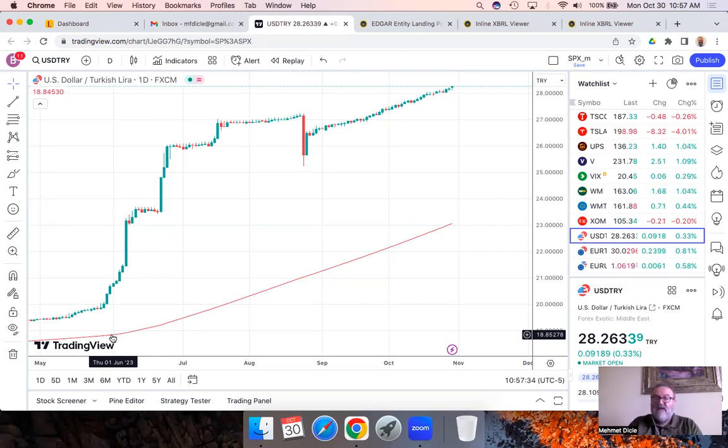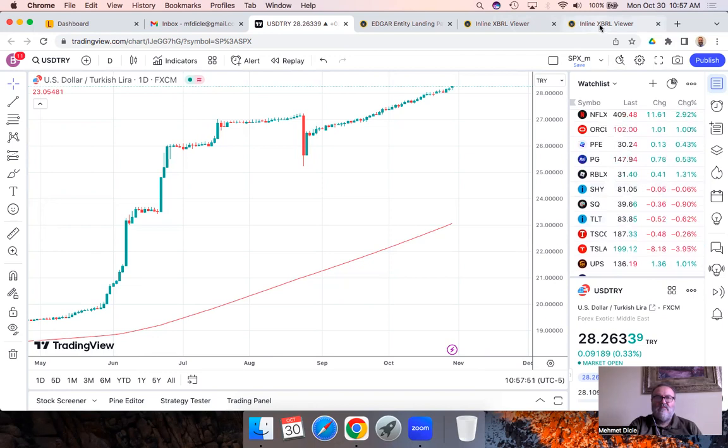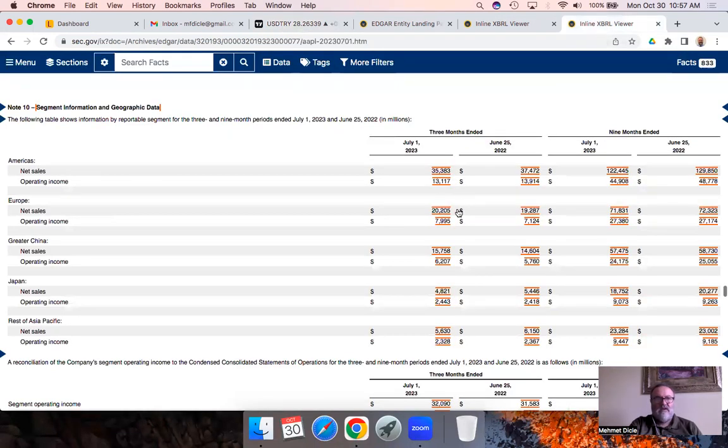So that's an example of an exposure of a company to foreign exchange fluctuation. And I think that for a company like Apple, this is very visible and very obvious.